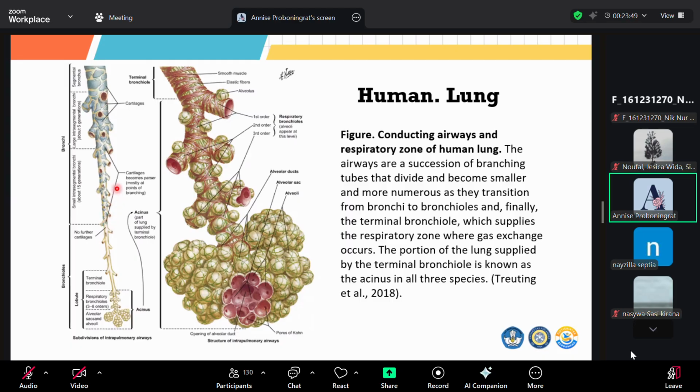And the cartilage becomes sparser, mostly at the points of branching.